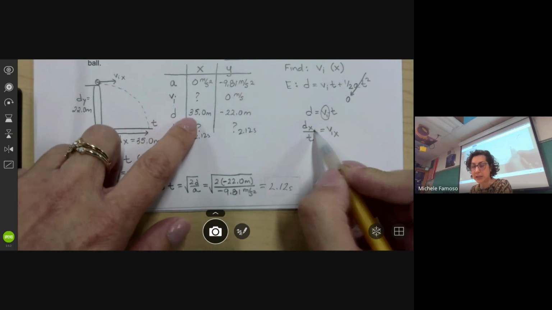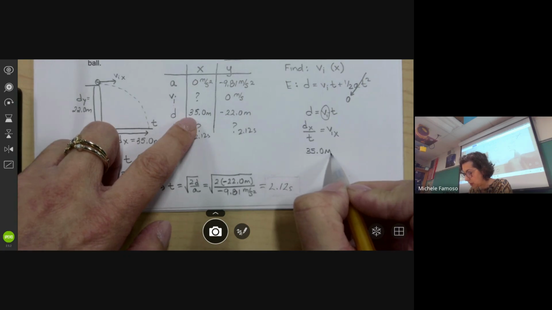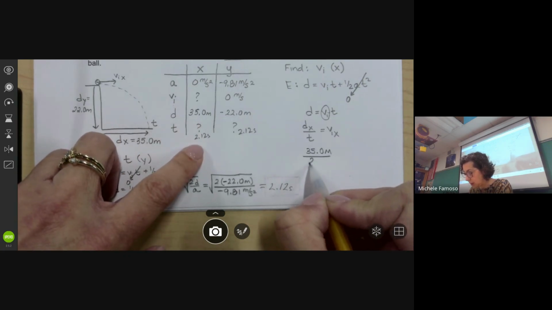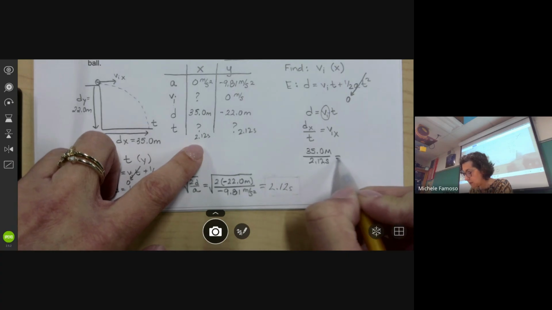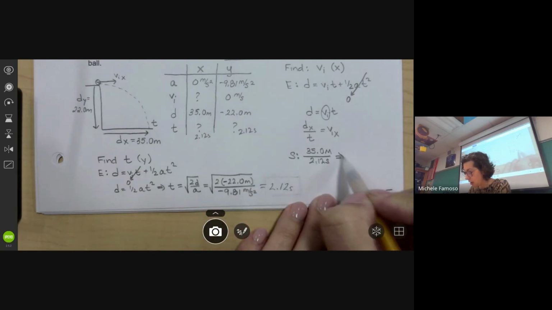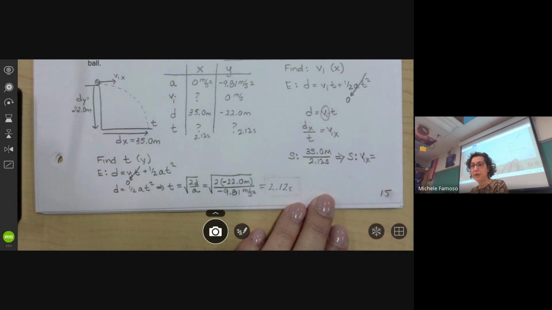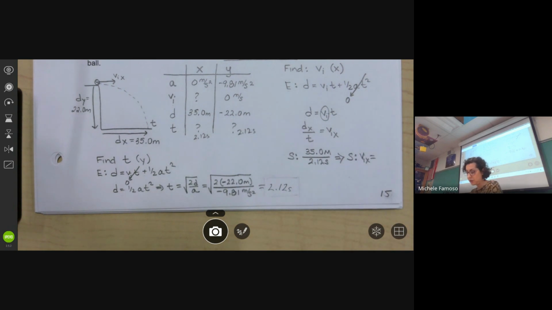I see that my d in the x direction is 35.0 meters, and the time is 2.12 seconds. So there's my substitution step. Let's now go ahead and solve that and figure out what is that velocity in the x direction with the proper units and sig figs. Gavin, can you tell me what you get?